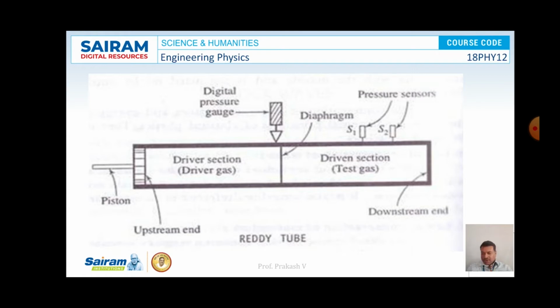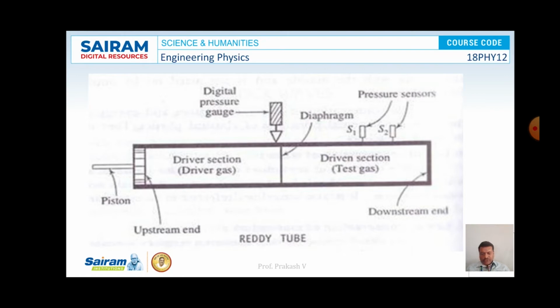The Reddy tube consists of a cylindrical stainless steel tube of about 80 mm in diameter and nearly 1 meter in length, and it is divided into two parts of about 50 centimeter each. One is the driver tube and the other is the driven tube. The two are separated by a 0.1 mm thick paper diaphragm.